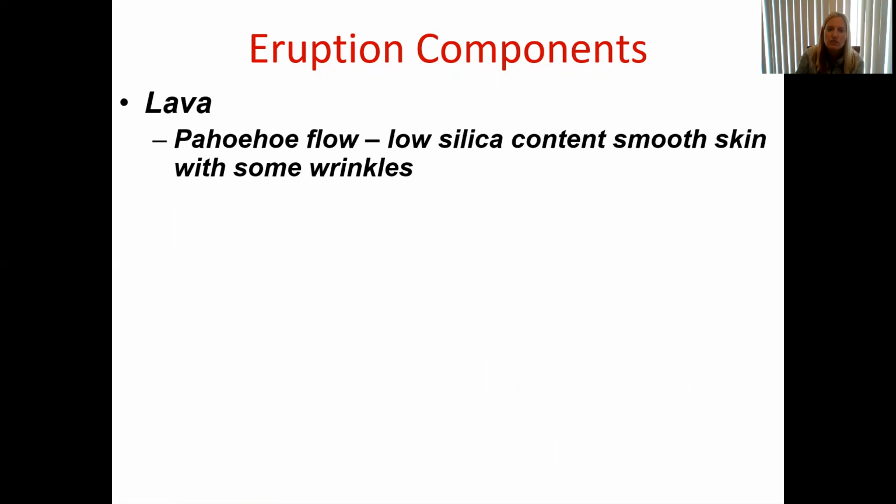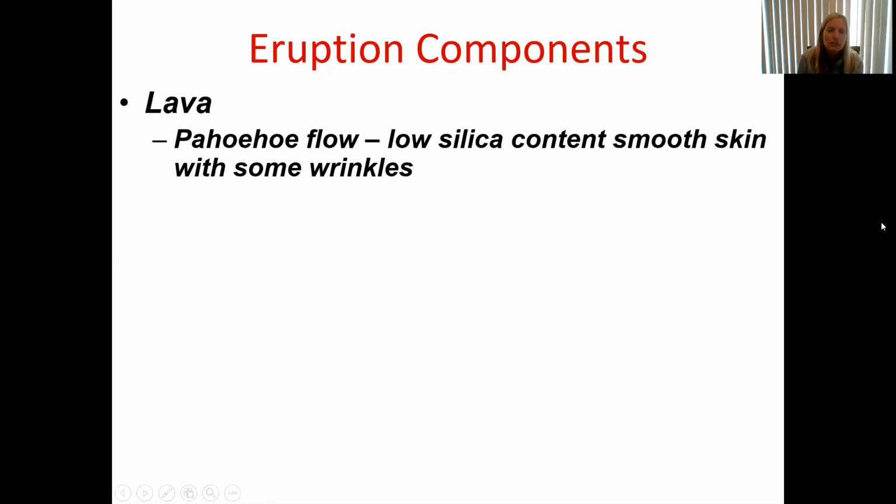So when our volcano does erupt, we've got several things that will be ejected from the volcano. So first we have lava, of course. So we have two distinct types of lava that we are going to need to know. These are both Hawaiian terms.